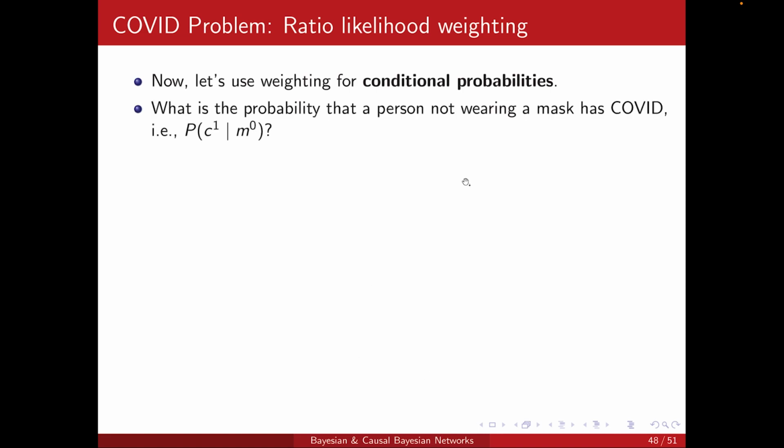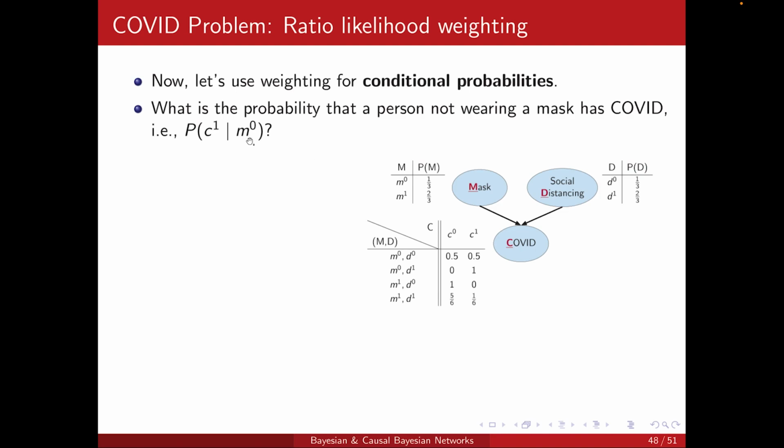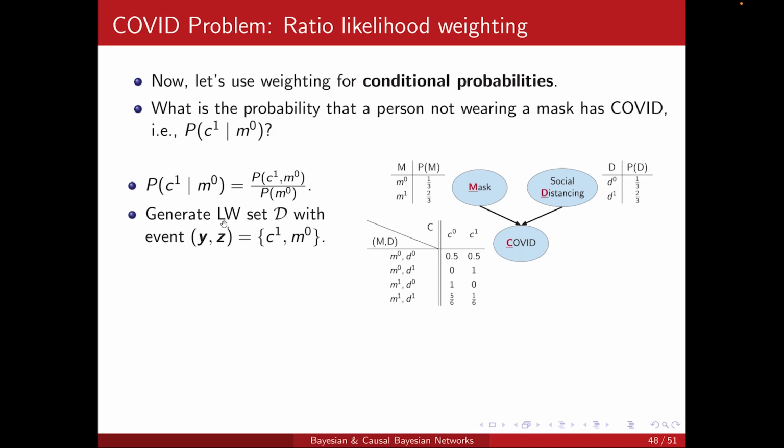But we want to see how we can calculate P of, say, C1 condition on M0, given that we have some evidence. Okay, well, we can again use this definition of conditional probability, and we can generate likelihood weighting set D with event Y and Z, where Y and Z are set to C1 and M0, respectively.